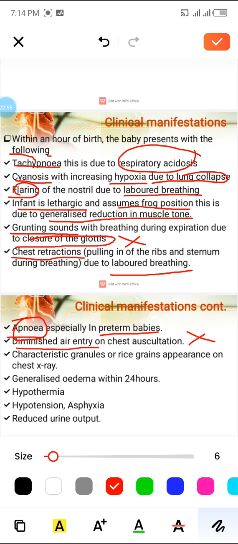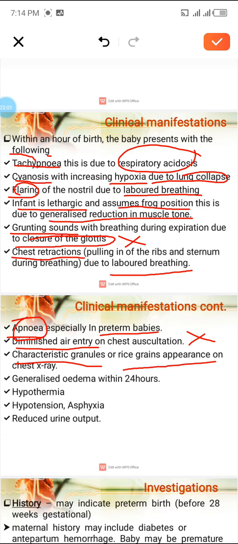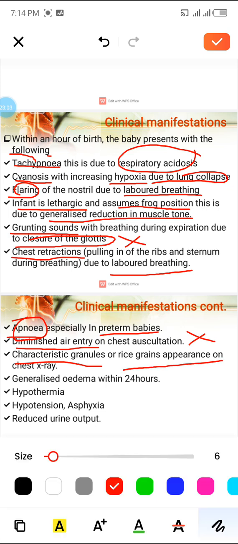This is because of atelectasis. Then there'll be characteristic granules, a rice-like grain appearance on the chest, because of atelectasis. So mostly it's atelectasis that is presenting here.